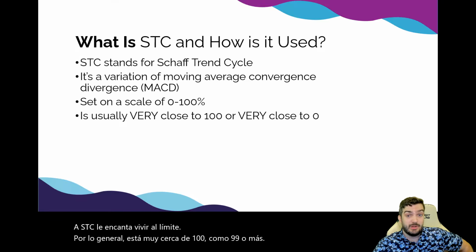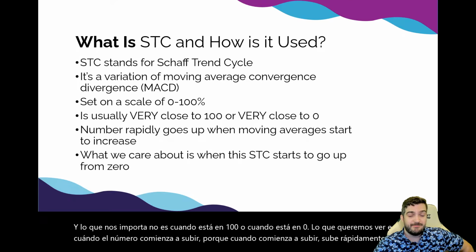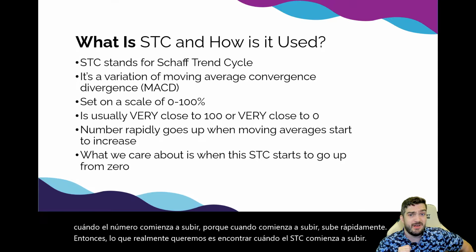And what we care about is not when it's at 100 or when it's at 0. What we want to see is when the number starts to go up. Because when it starts to go up, it goes up quick. So what we really want is to find when the STC starts to go up from around 0.